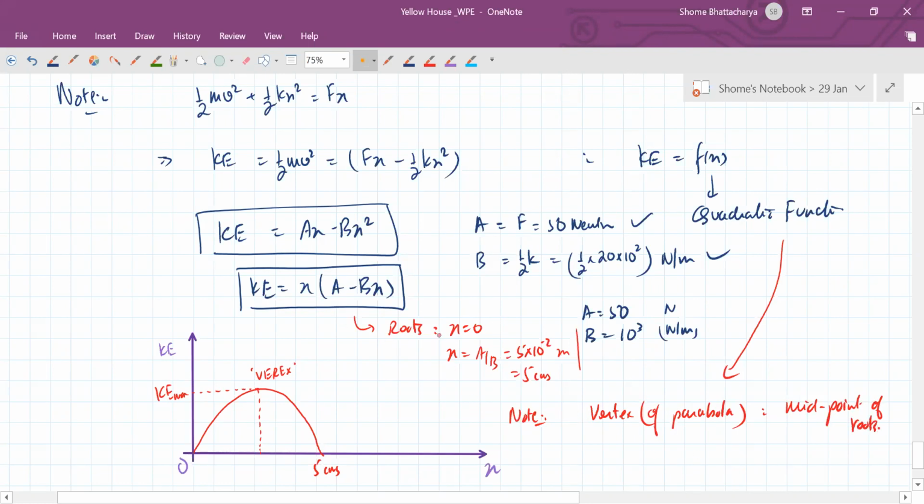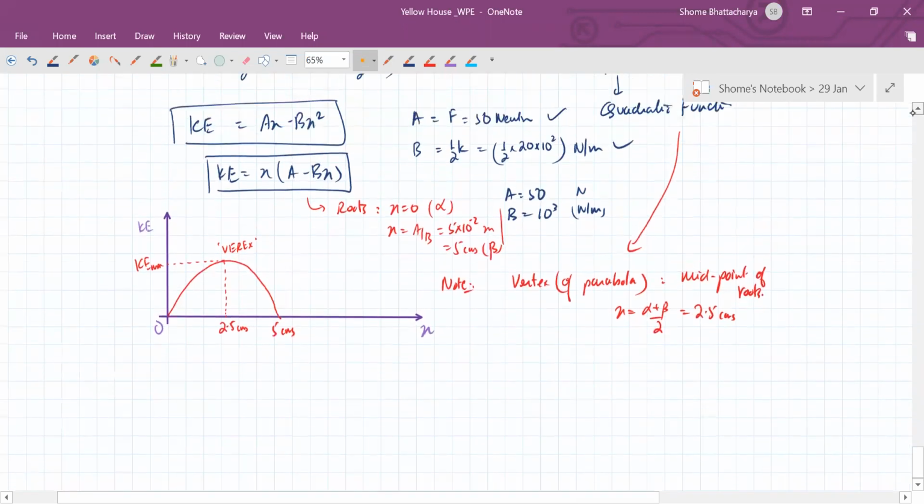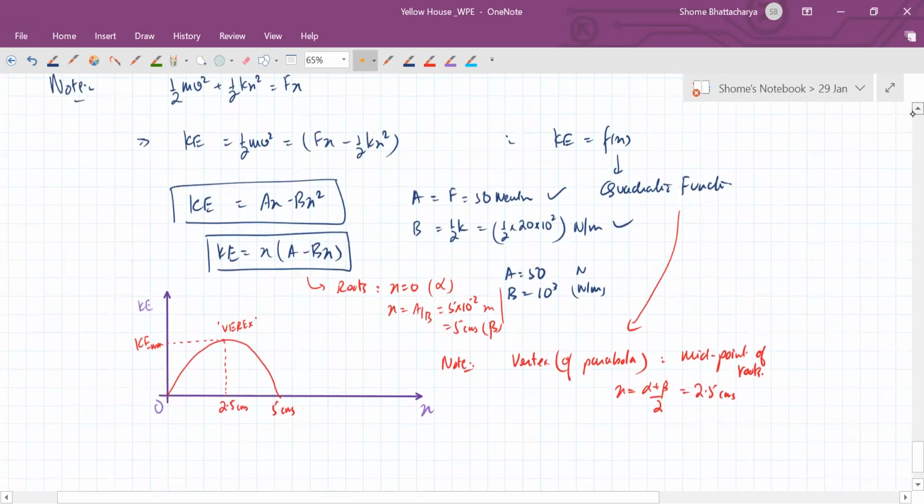If the roots are alpha and beta, the vertex has an x coordinate of alpha plus beta by 2, which in this case is 2.5 centimeters. So that's another way to understand mathematically why we are getting the maximum speed at the vertex.